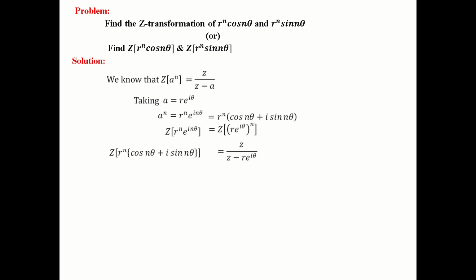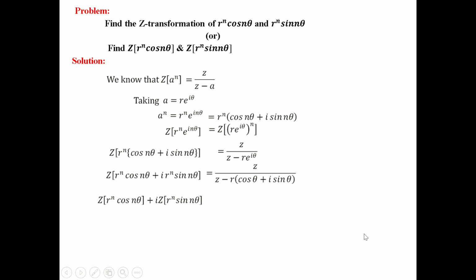So in place of r e power i theta, we have z of r power n cos n theta plus i r power n sin n theta, multiplying r power n to both terms. So you will get z of r power n cos n theta plus i r power n sin n theta on the left hand side. On the right hand side, z by z minus, again using De Moivre's theorem, r into cos theta plus i sin theta.